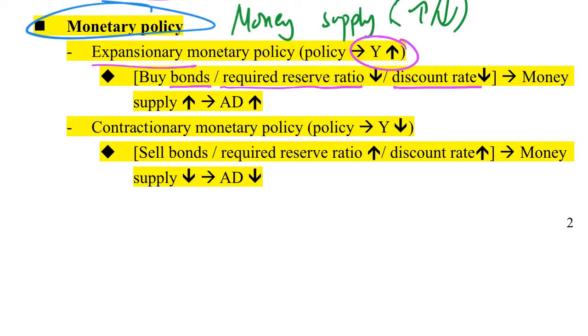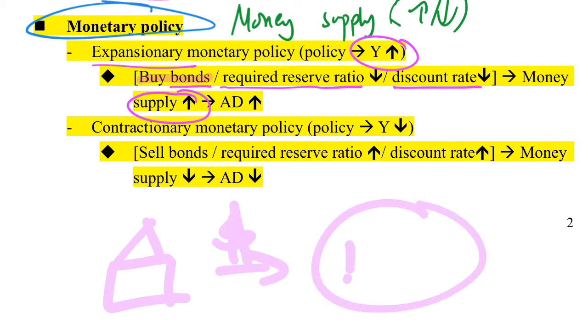Okay, so by controlling these things, let's think about how they increase the money supply. If the central bank buys the bonds, that means the government has to spend money to the public.